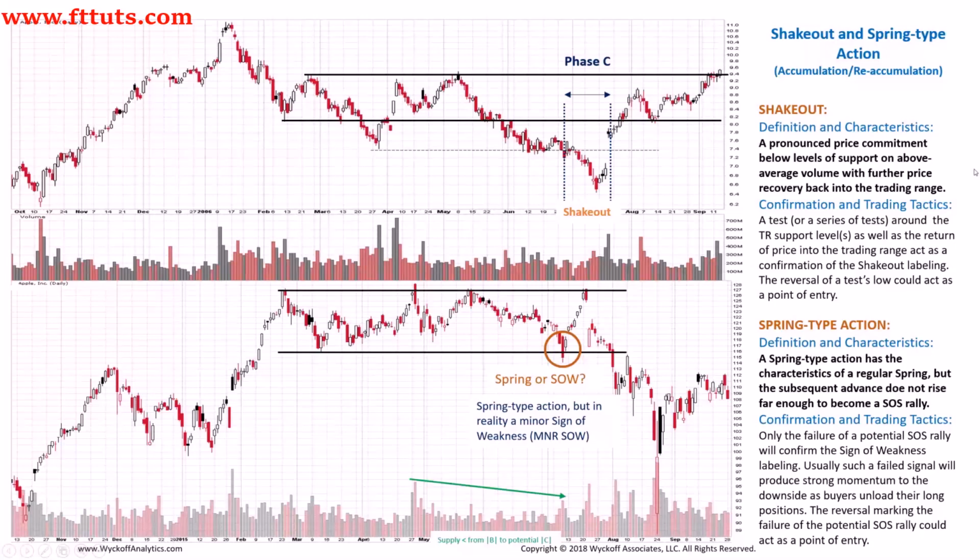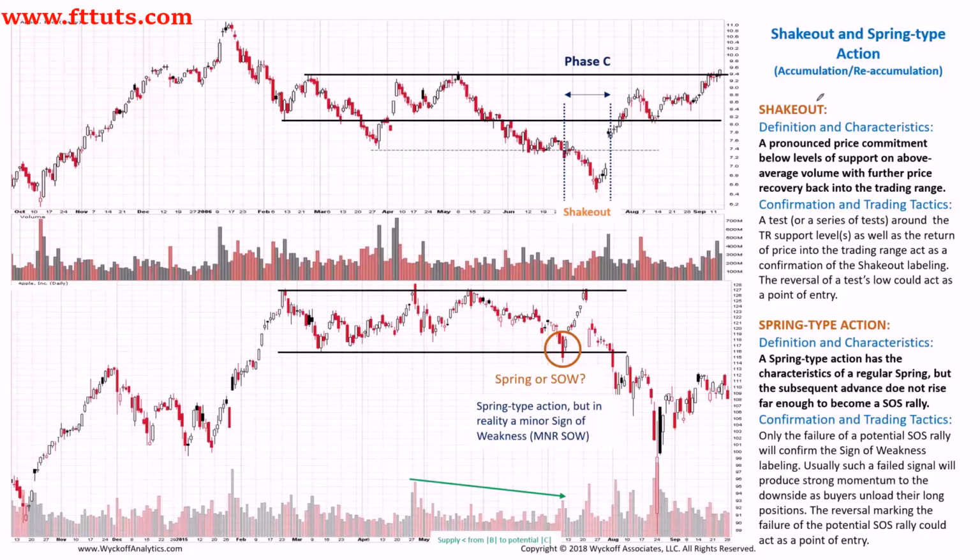Let's talk about shakeouts and sprint type actions. All right, so we've discussed sprints, and I mentioned to you guys that Wyckoff actually did not have a definition of a sprint. What he had is a definition of a shakeout or a terminal shakeout.